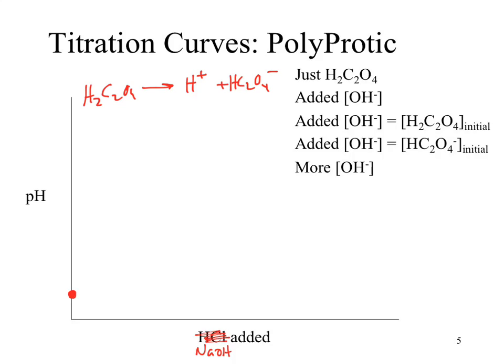It's going to take hydrogens. Where is there a hydrogen in this reaction? On the product side. So we add one molecule of base. What happens? It cancels out that one. Are we at equilibrium anymore? No, because there's no product. So what happens?